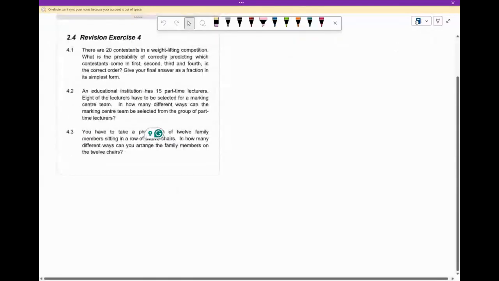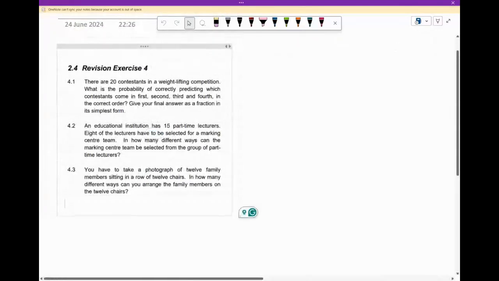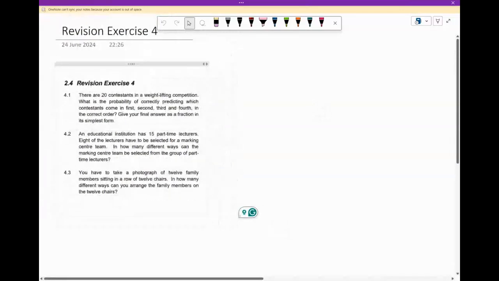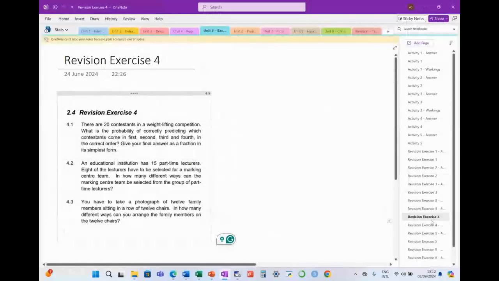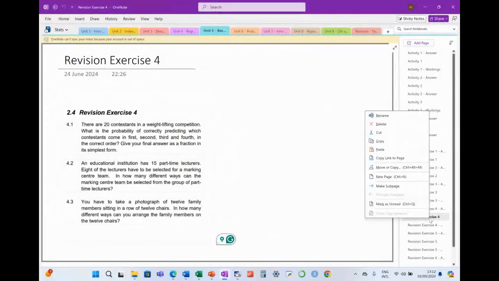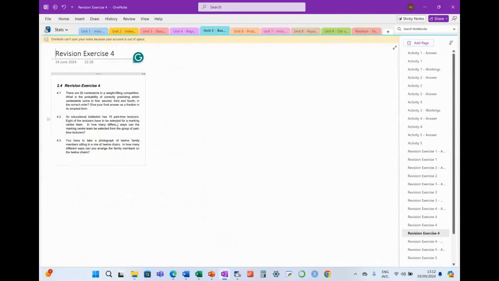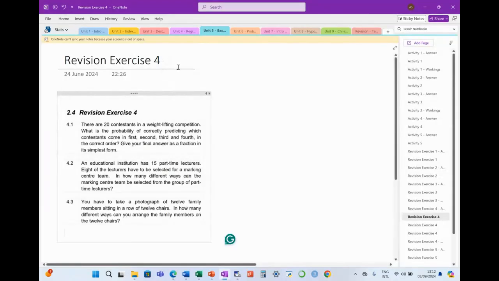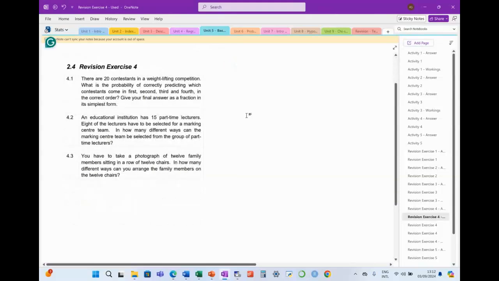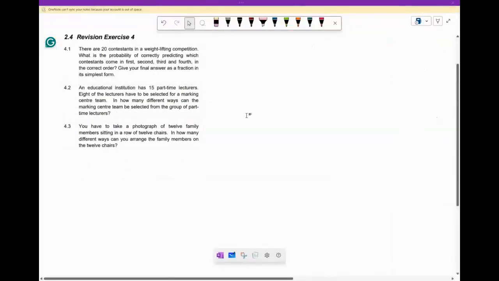Okay, and here, what are they saying? Sure, actually, I need to duplicate this before. Right, so here, under revision exercise 4, what they are saying is there are 20 contestants in a weightlifting competition.